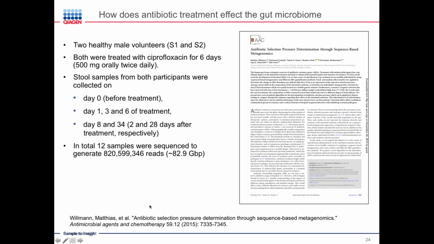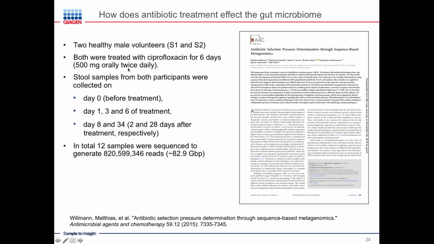This is a dataset from a paper by Matthias Willman, where they looked at the consequences of using antibiotics on the gut metagenome. So they look at the gut metagenome from 2 healthy male volunteers, subject number 1 and subject number 2.